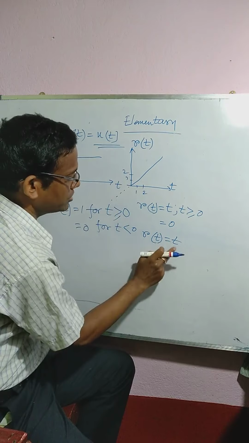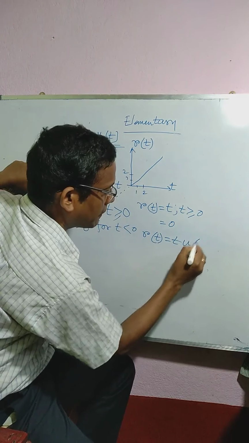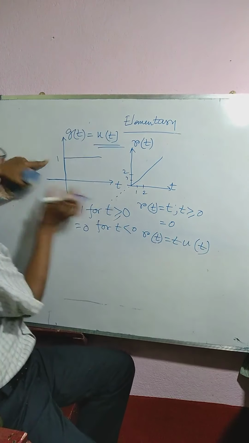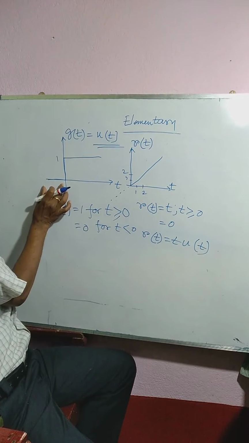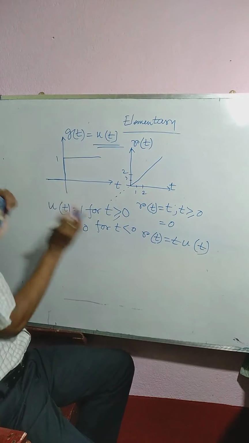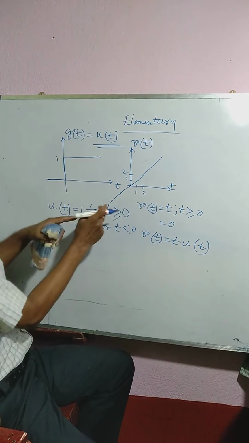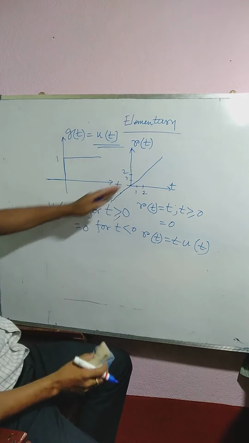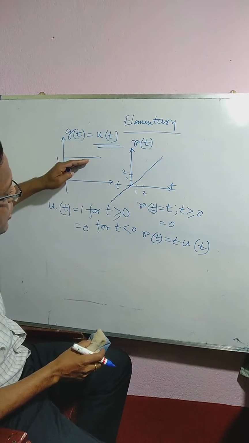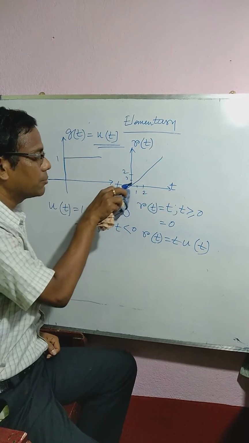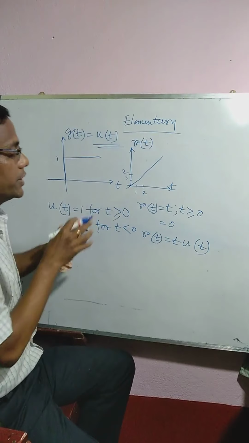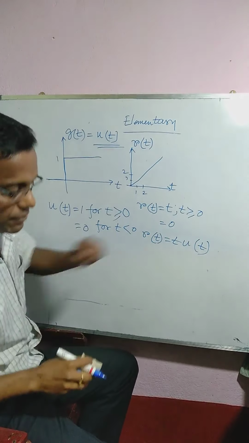But if we multiply this t with u(t), and u(t) has 0 value for negative t, we will get only the positive part, which gives me the ramp function.